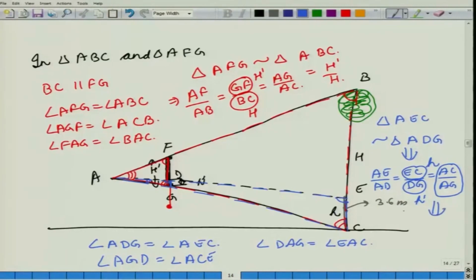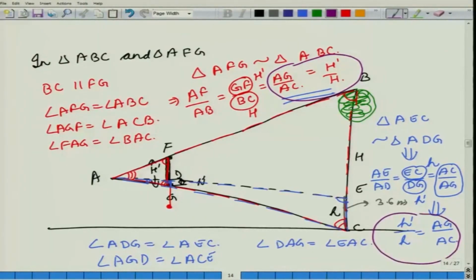So, this would give us that H prime upon H is equal to, taking the reciprocal of this, AG upon AC. Previously we have seen that AG upon AC is equal to H prime upon H. So, this observation and this observation together give us that AG upon AC is equal to H prime upon H is equal to small h prime upon small h.